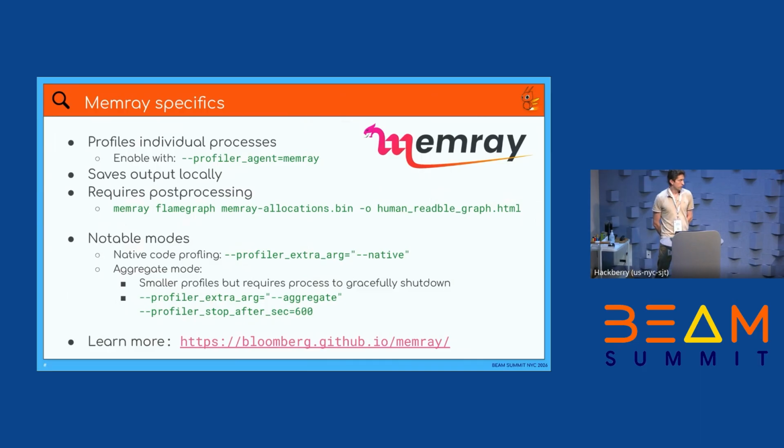Memray is a Python profiler developed by Bloomberg, and it profiles individual processes. We will have an option to enable it by specifying a new pipeline option, profiler agent memory. It collects the allocations that happened in your process and stores them locally.